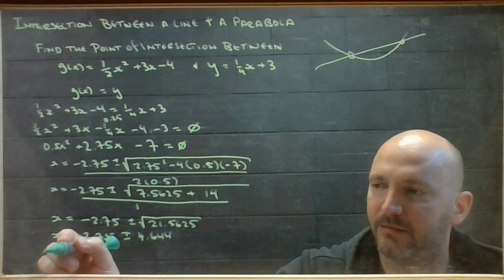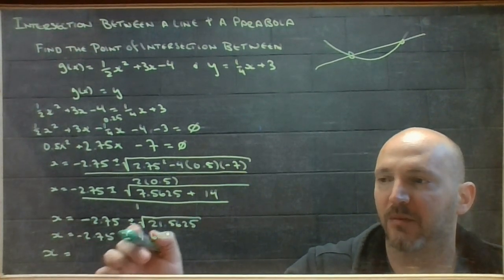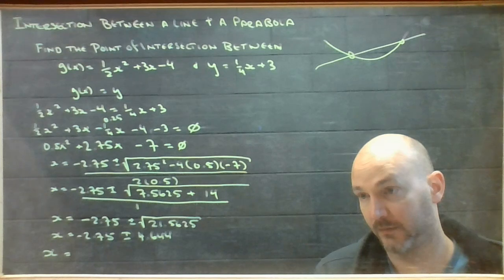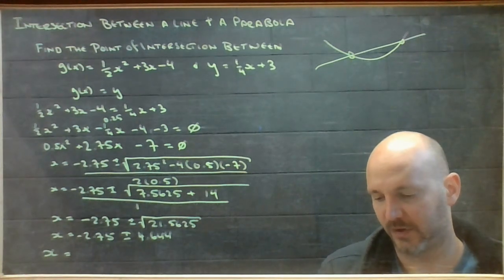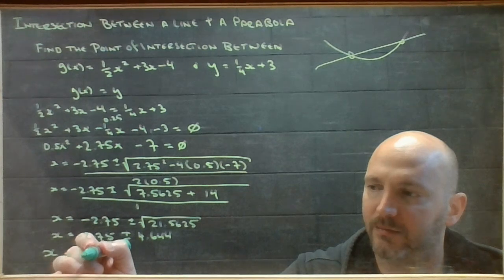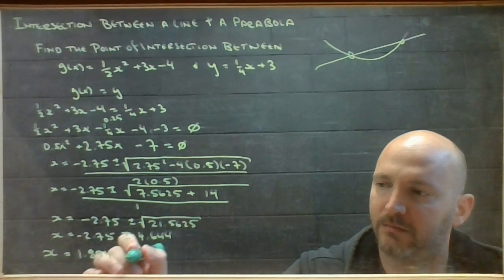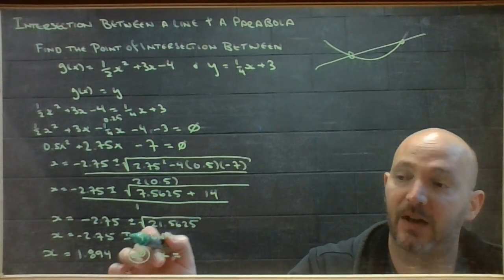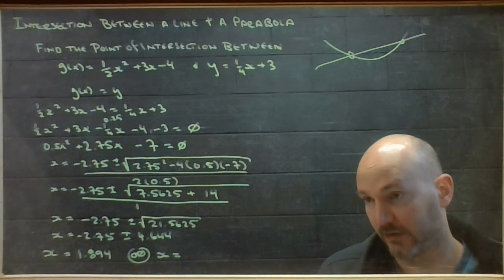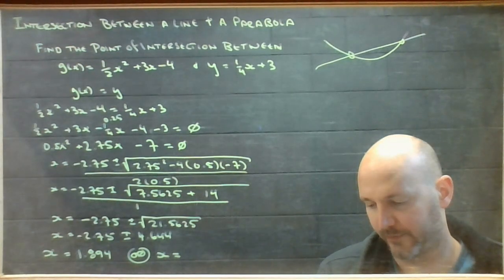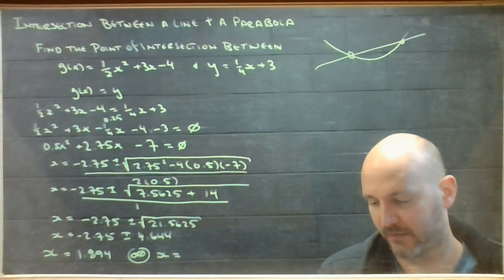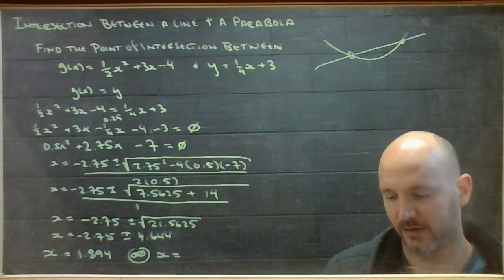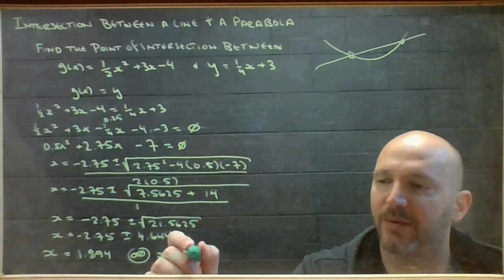So case 1 would be this number plus 4.644, which gives me 1.894. Or case 2 would be negative 2.75 subtract 4.644, which gives me negative 7.394.